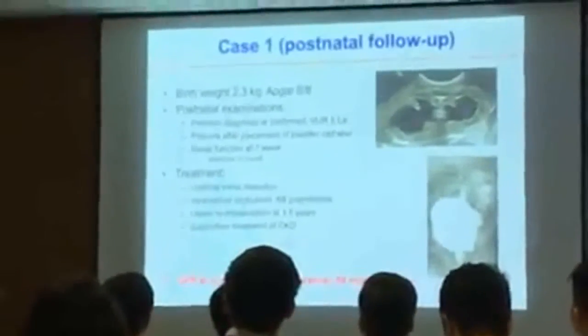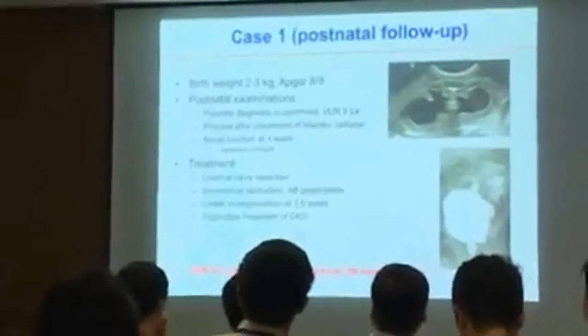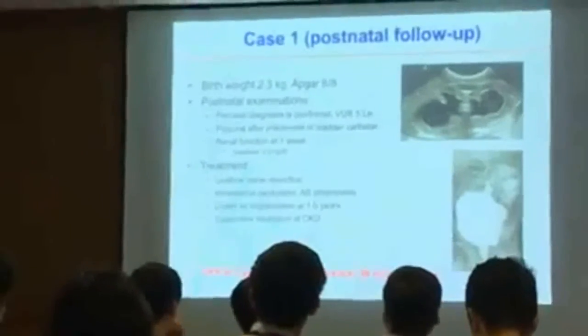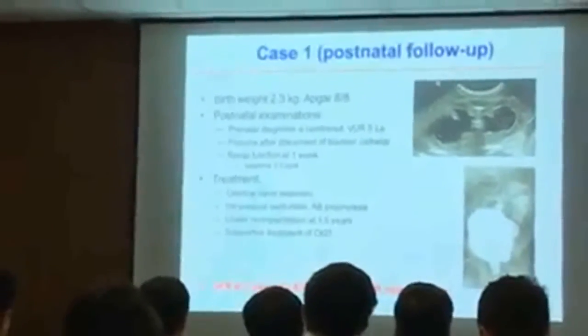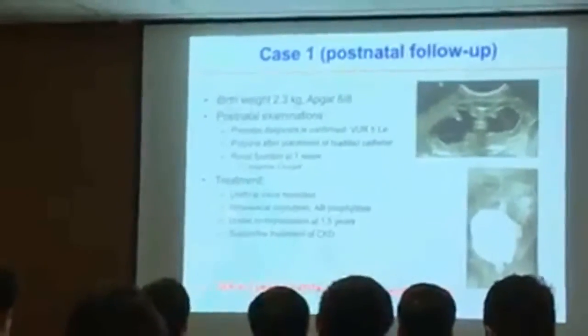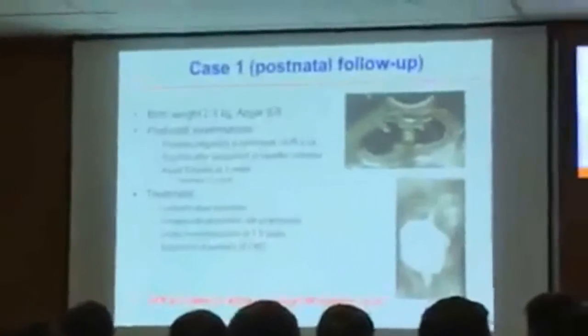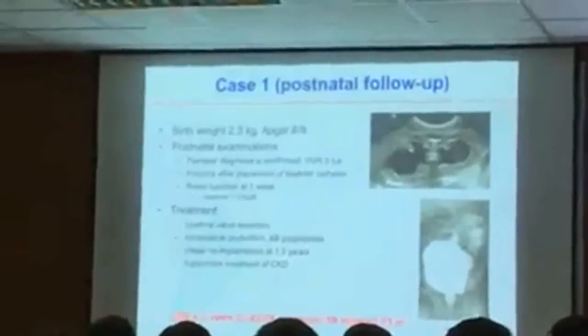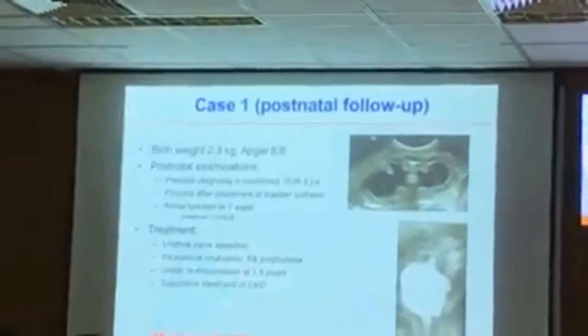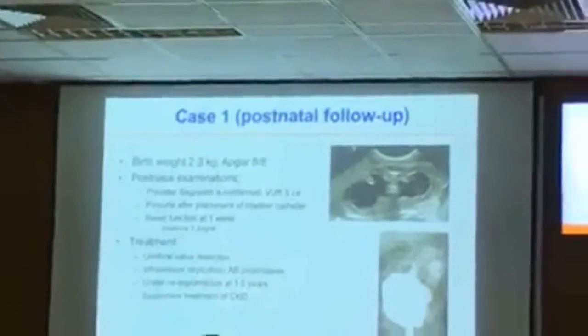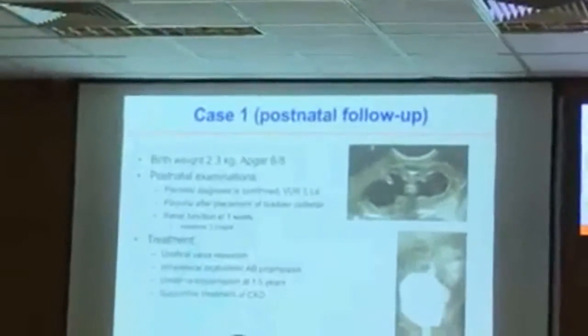Polyuria after placement of bladder catheter, and renal function at 1 week creatinine is 2.3. This case also had urethral valve resection, intravesical oxybutynin and antibiotic prophylaxis, and ureteral implantation at 1.5 years. So they had very severe impairment of the ureter and needed supportive treatment.